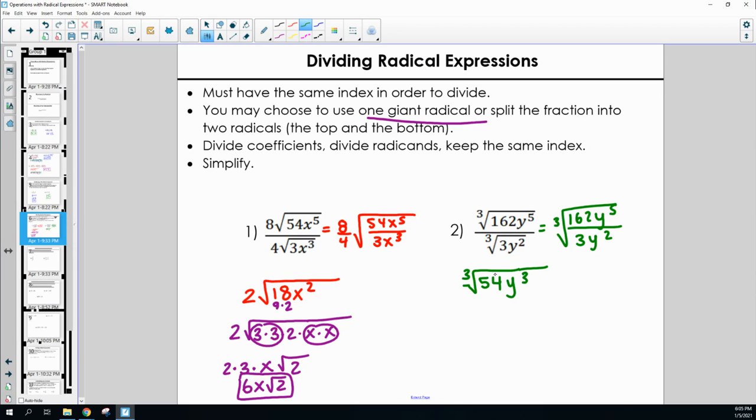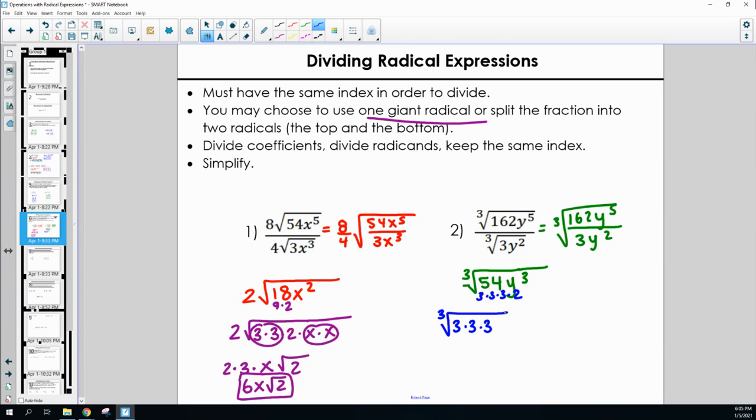So then what I'm going to do here is break this up. So since I have a cube root, I need groups of 3 of the same number. So for 54, that is 3 times 3 times 3 times 2. That's 27 times 2. So I'm going to have 3 times 3 times 3.